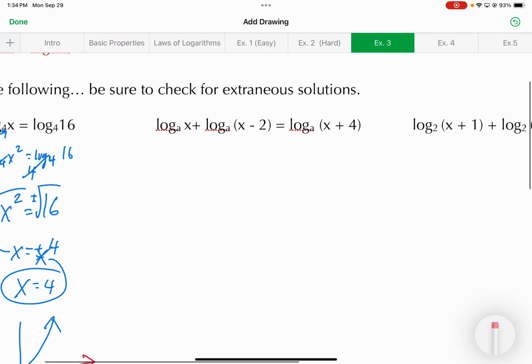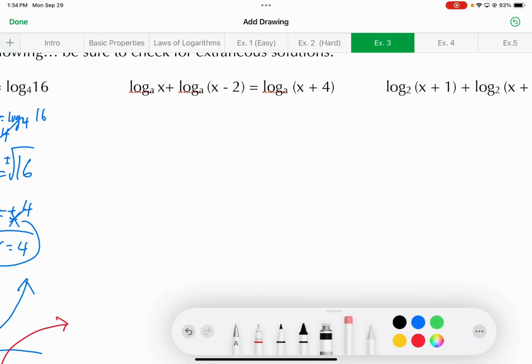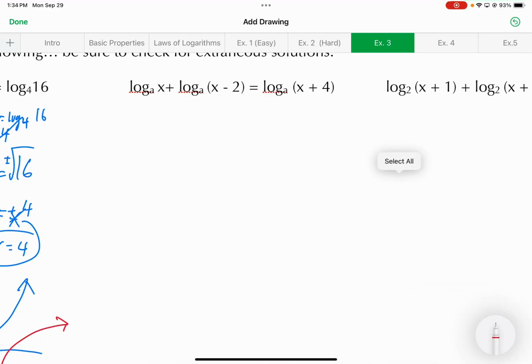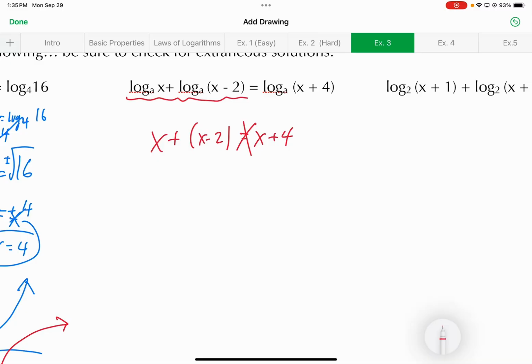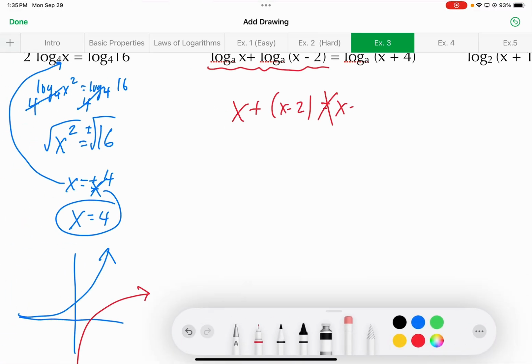Okay, and then if I do this middle one, without question, somebody in this class is going to write it like this. X plus x minus 2 equals x plus 4. But that's not right. What would we have to do first? Multiply, right? Good. So what we'd have to do is we'd have to make it... Why do I have the smallest eraser in the world?